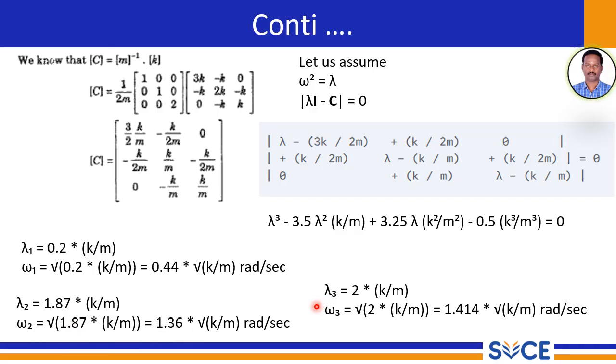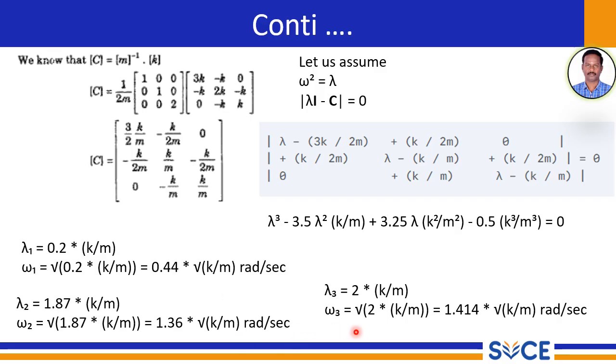Similarly, we substitute lambda 3 equal to 2 k by m in omega square equal to lambda, and we get omega 3 equal to 1.414 root of k by m radians per second. So for this mass system, we get lambda 1, lambda 2, lambda 3 as these values, and substituting omega square equal to lambda, we get the natural frequencies.